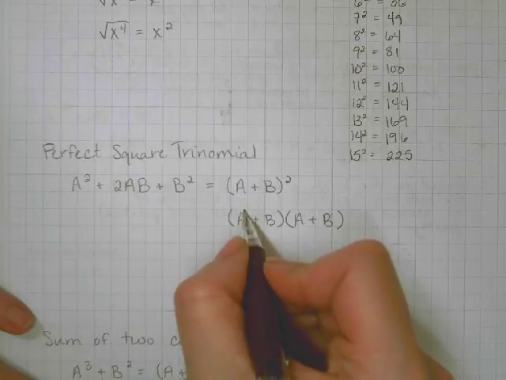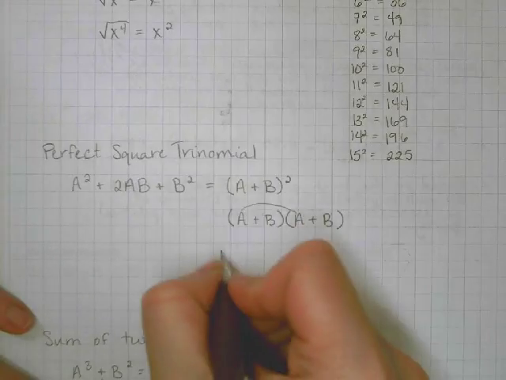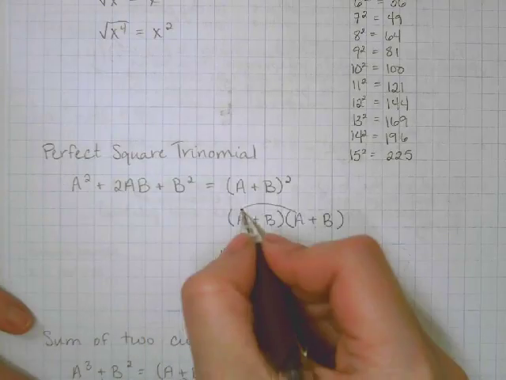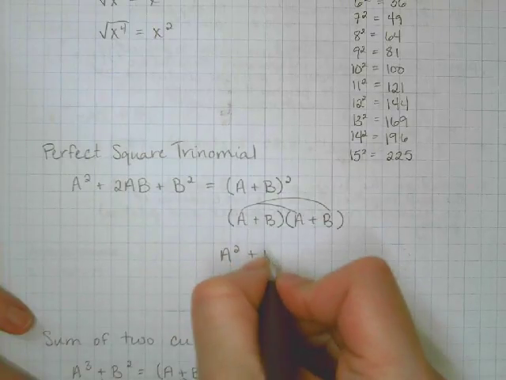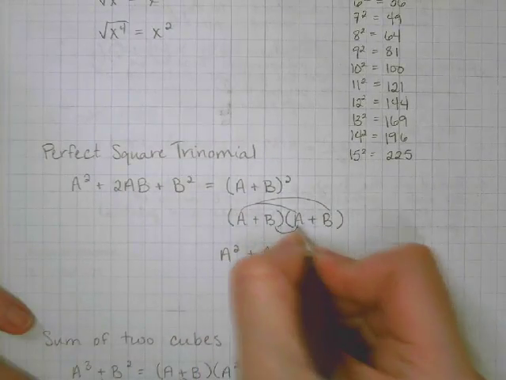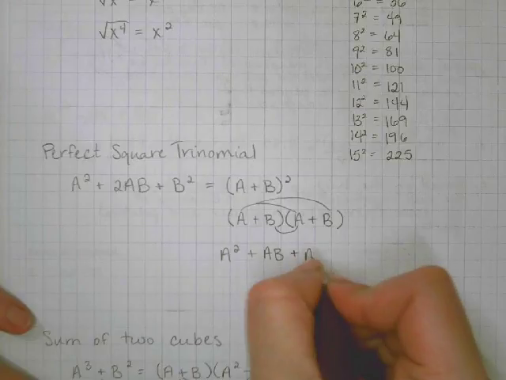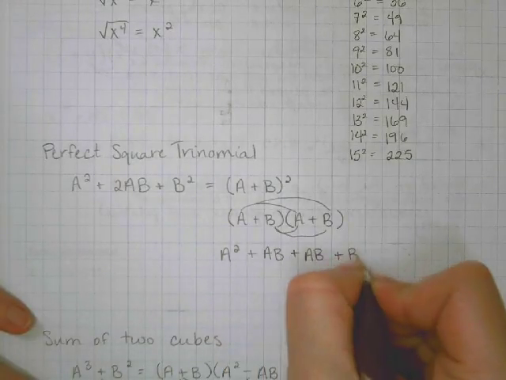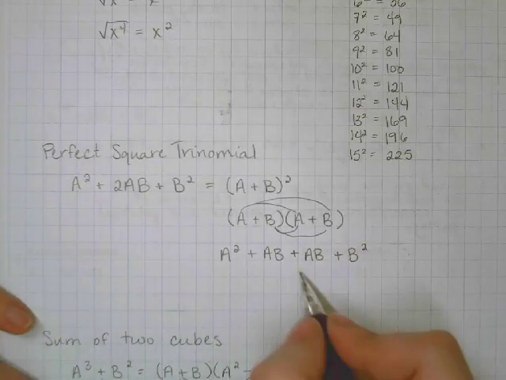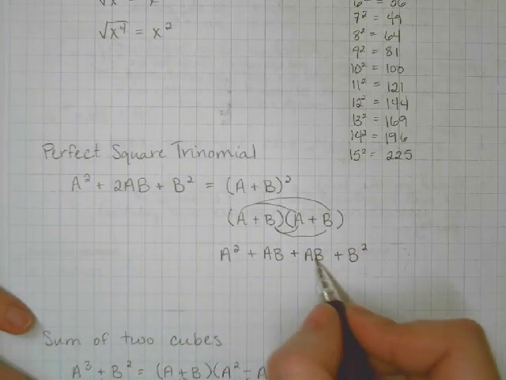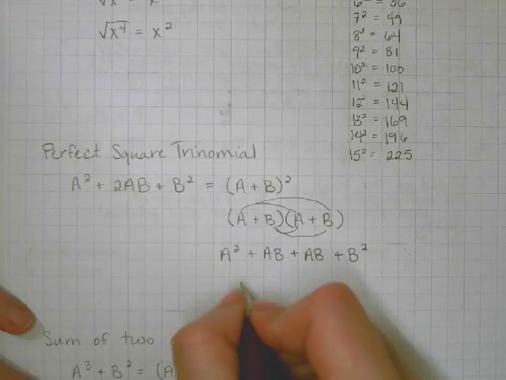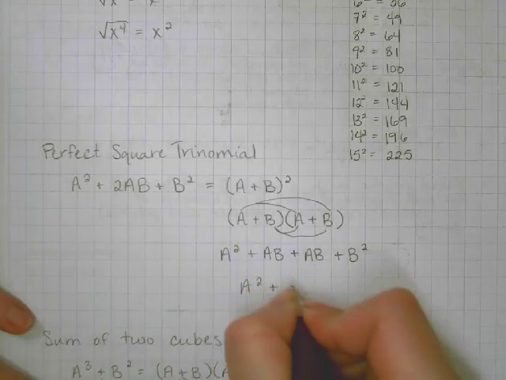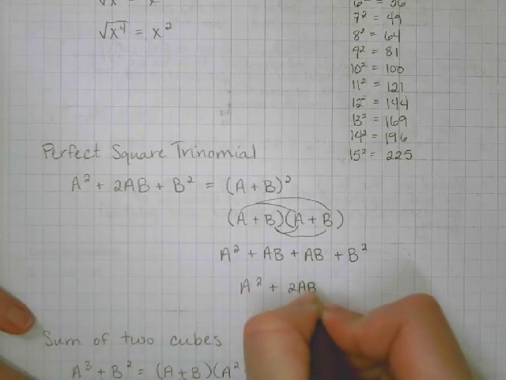If we multiplied that out, we'd have a times a, which is a squared, a times b, which is ab, b times a, which is also ab, and then b times b, which is b squared. Our only like terms here are ab and ab, and we have two of them, so this is a squared plus 2ab plus b squared.